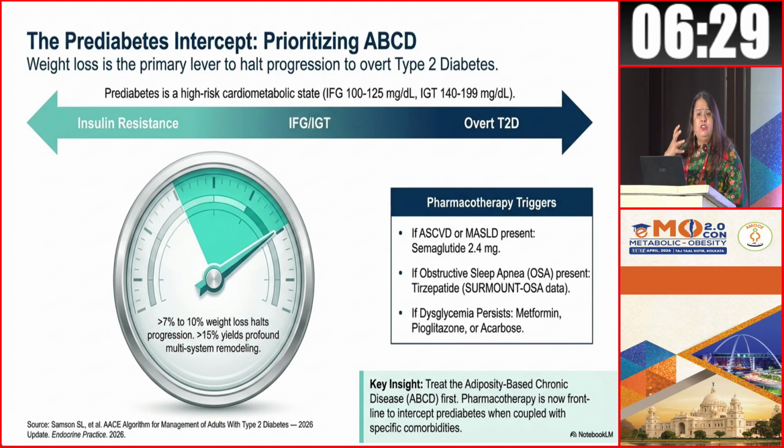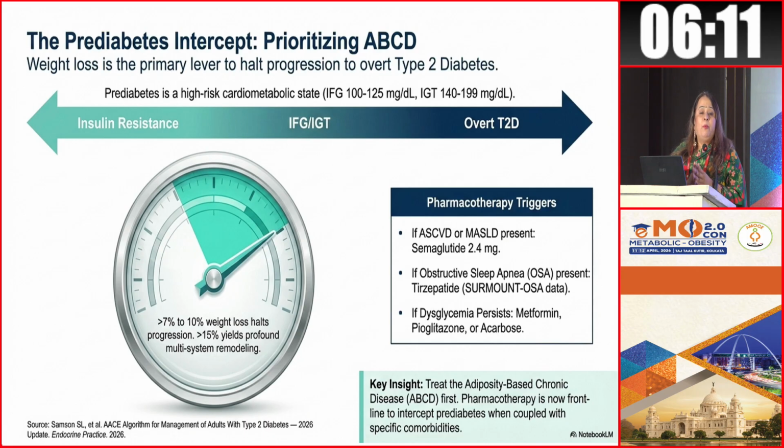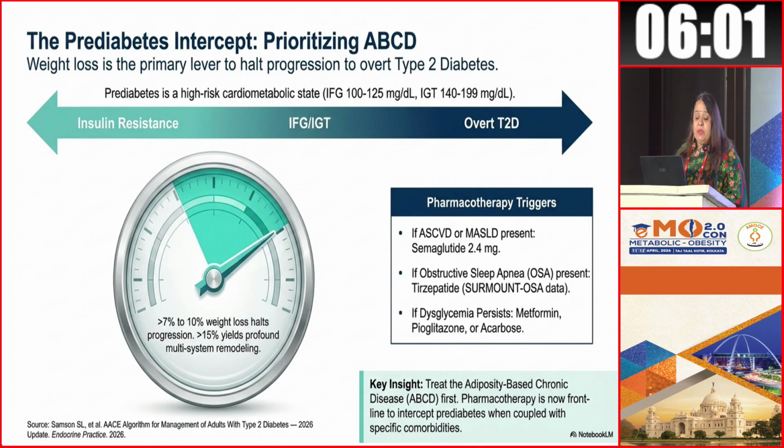Whether it's insulin resistance, signs of that, or early pre-diabetes or subcategories of it, in terms of intermediate fasting hyperglycemia or IGT, whatever, you look at the patient and then look at how you can support the patient for weight loss, because we know that 7 to 10% weight loss halts the progression, and anything beyond 15% of baseline body weight loss will come with profound multi-system remodeling.